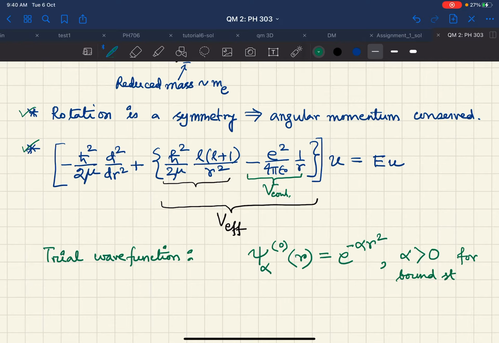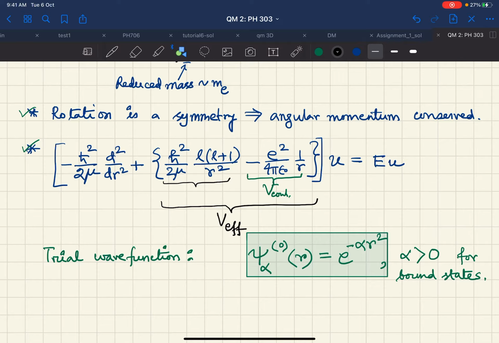Therefore, this is the form of the ground state trial wave function that we are going to use. And remember, this form has been decided upon by keeping in mind the symmetry properties of the ground state wave function as well as the symmetry properties of the problem.